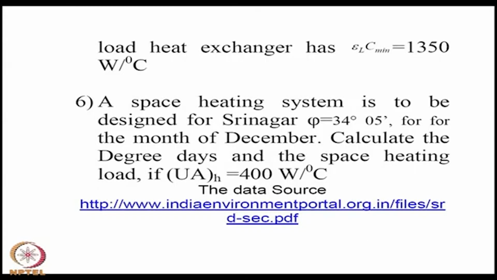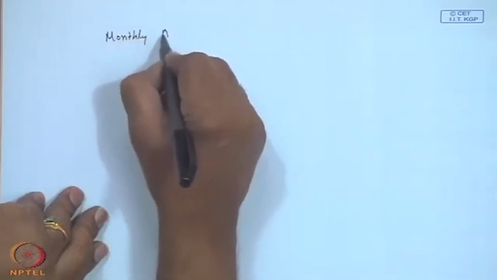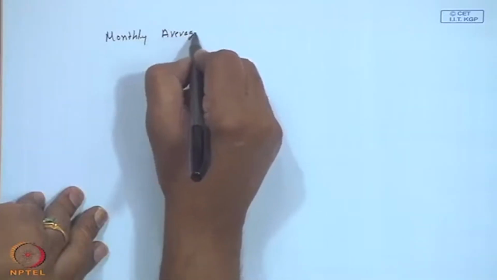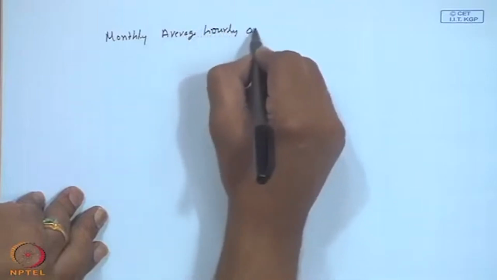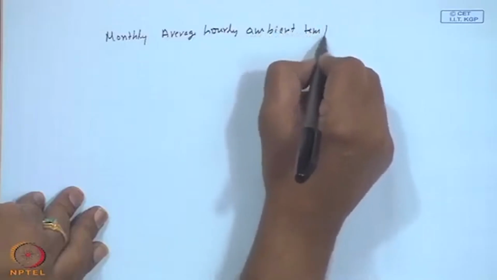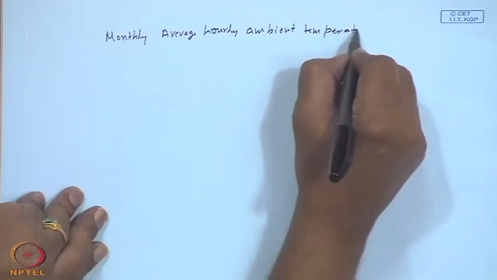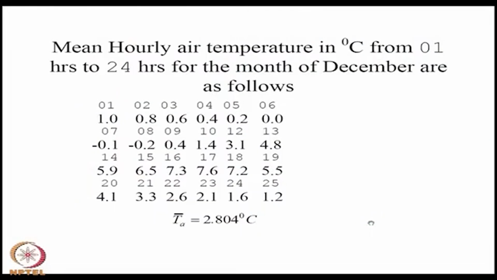Now, the data you can pick up: you have got monthly average hourly ambient temperature, which I shall show you. So, this I have written, I do not know if you can see the cursor.